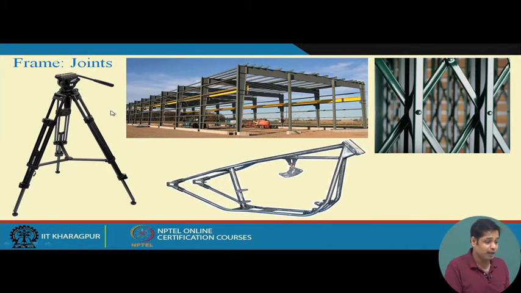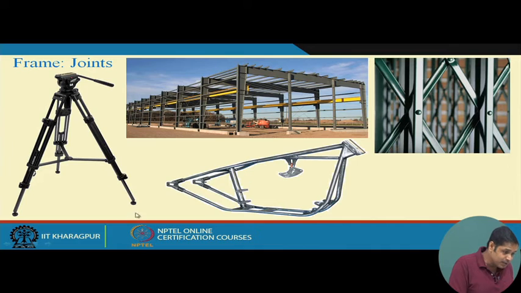Because another important part in the case of truss is that all these members are separate members. They are connected only at the ends. Now here this is a continuous member, and this member is connected to this member at some intermediate point, not at the end points. So these members cannot be treated as two force members, because for two force members we have forces only at the two ends, and those two forces are collinear.